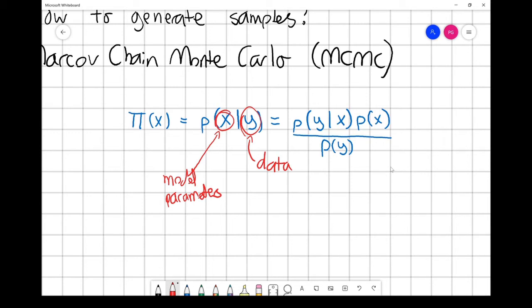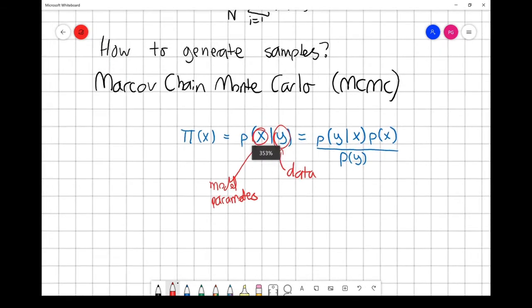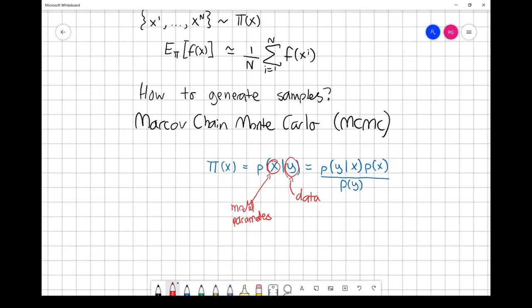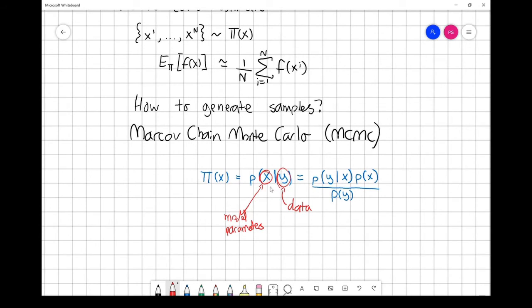But it's a distribution that you can evaluate at any point. So we can substitute a value of x into here, and we can evaluate Bayes' theorem at any point x, but it's still non-standard. So it's still going to be, let's say, difficult to generate samples from. And so that's why we might need something like Markov Chain Monte Carlo.